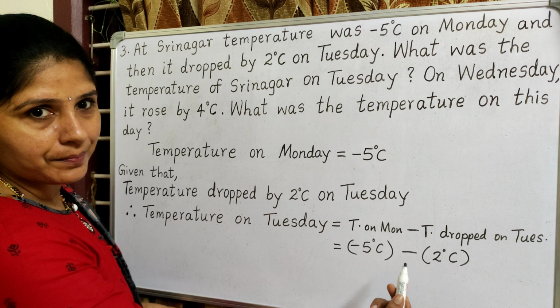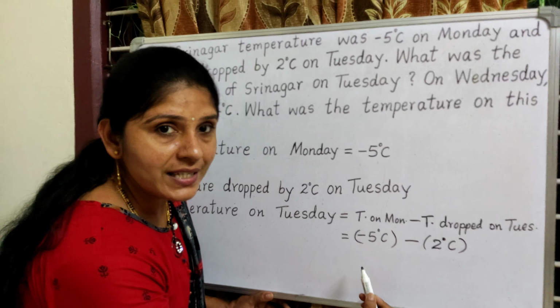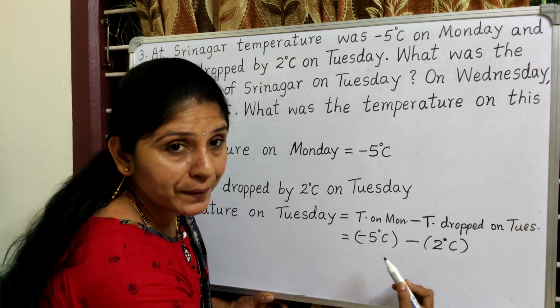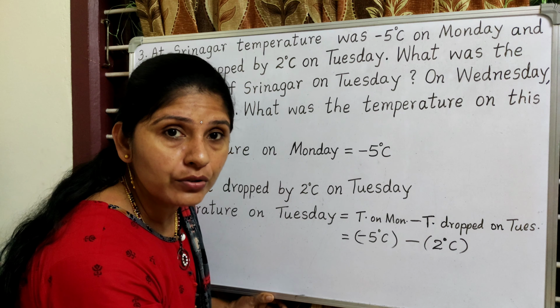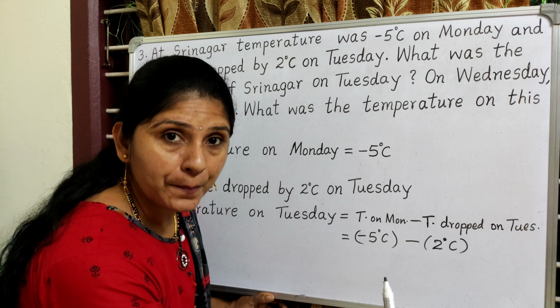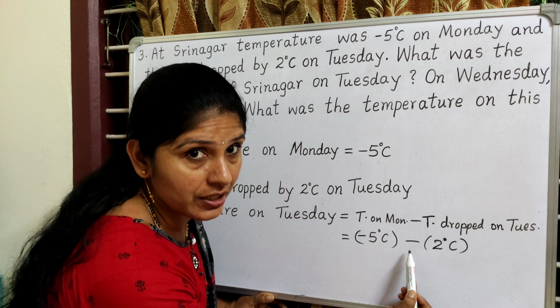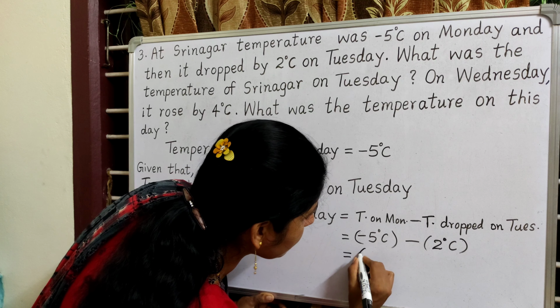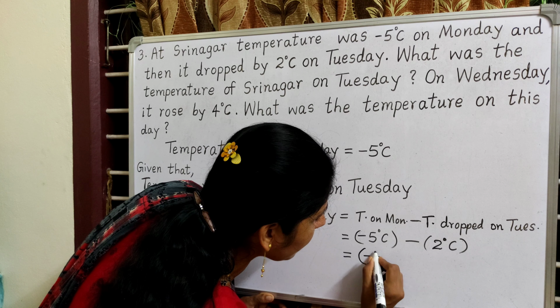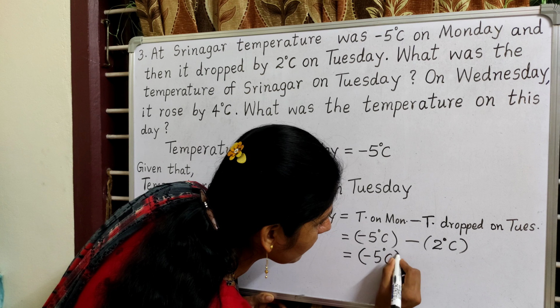Observe the numbers. Now this operation is in subtraction. To continue the sum, according to the subtraction of integers, we have to change the operation from subtraction to addition. So let us change the operation. Write the first number as it is, minus 5 degrees Celsius.